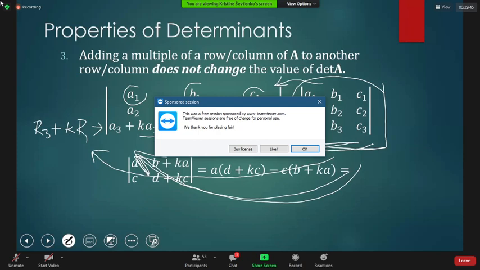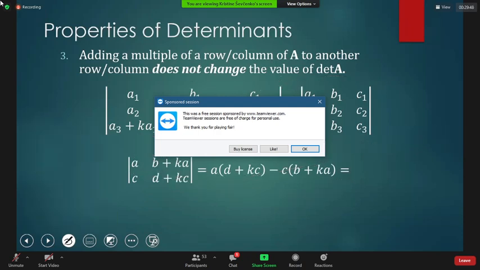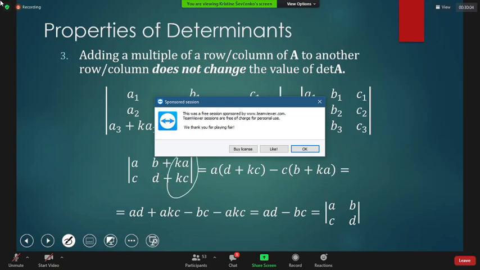And again, I will erase this. In this case, I gave you an example with the first column multiplied by k and added to the second column. As you can see here, expanding the determinant, opening it up, we see how a k c actually cancels out, and we get the original determinant as it was before.